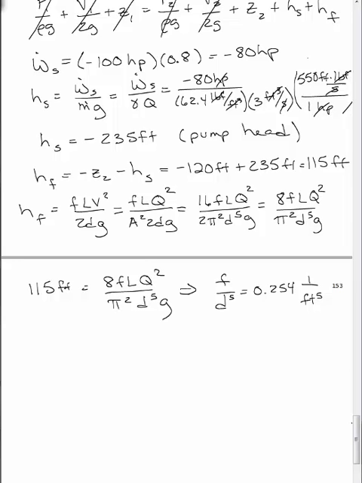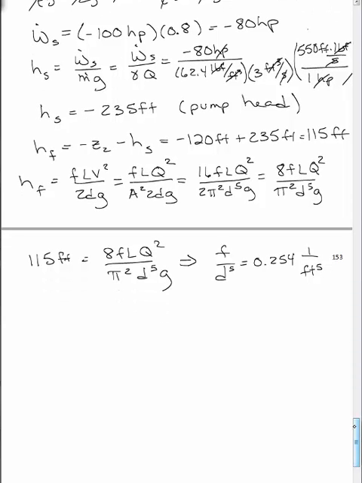If it's laminar, it's just going to be 64 over Reynolds number, and we could use that fact, but most likely it's going to be turbulent here. So let's just go with the turbulent assumption. Assume turbulent, and at the end we need to check to make sure it really was turbulent.